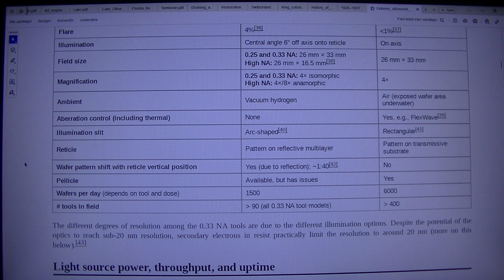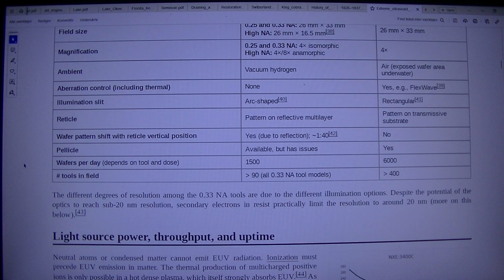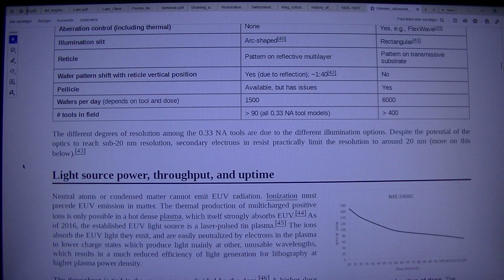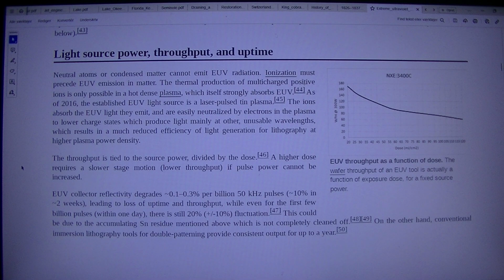Illumination central angle 6 degrees off axis on reticle, on axis. Field size 26 mm by 33 mm for 0.25 and 0.33 NA; 26 mm by 16.5 mm for high NA.